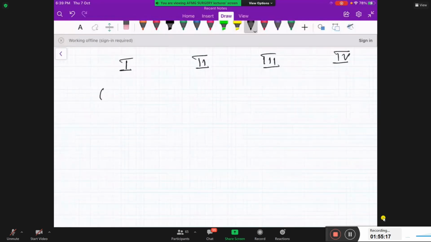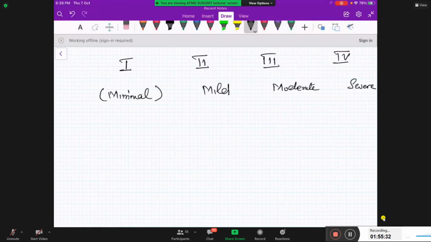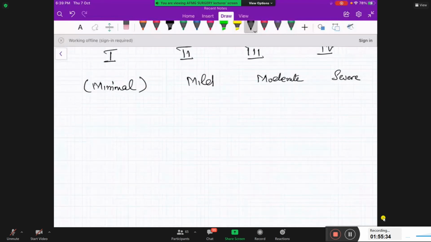Class 1 shock is called minimal shock. Class 2 shock is called mild shock. Class 3 is called moderate shock. Class 4 is called severe shock. What is mild, what is moderate, what is severe, and what is minimal, we should know. When the blood loss is less than 15%, it is minimal shock.